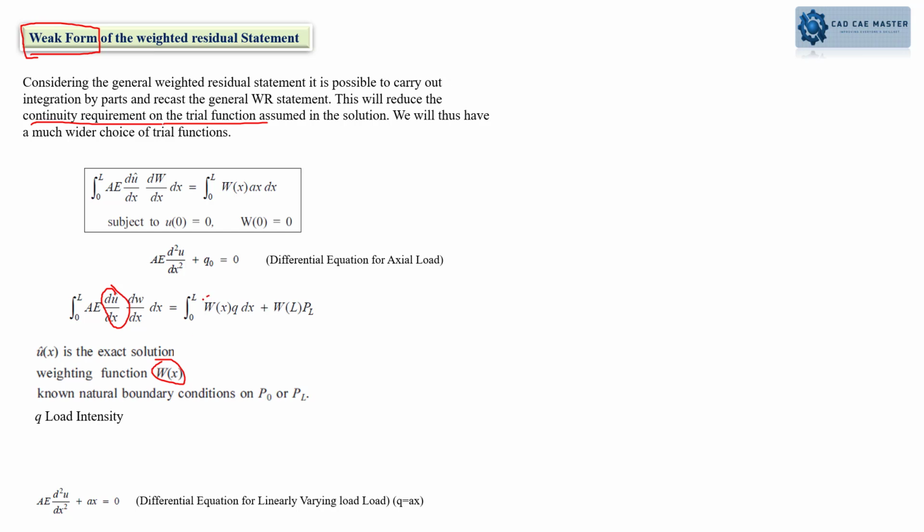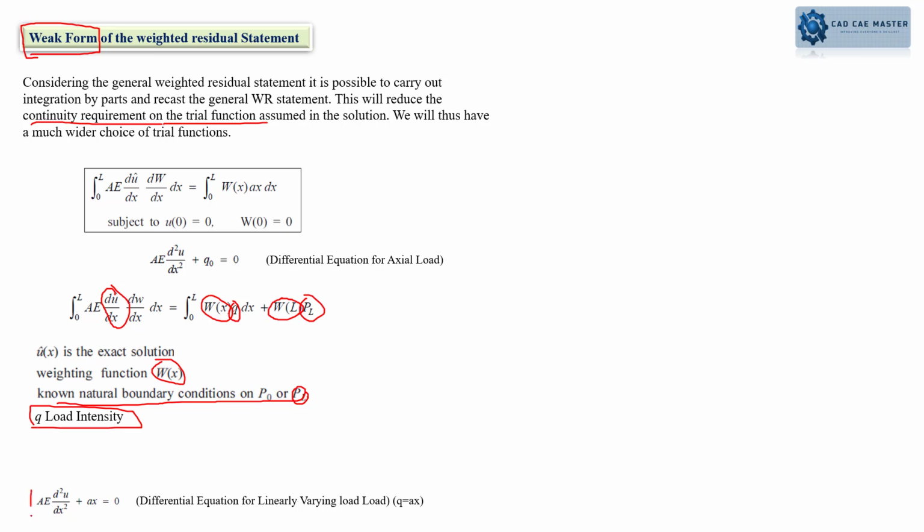Wx is the weighting function we consider, and then we have PL, which is again a weighting function with respect to the boundary condition, and these are the known boundary conditions. Q is the loading intensity.